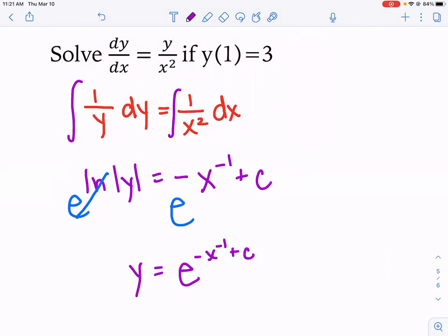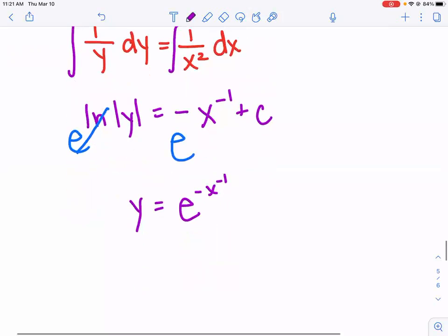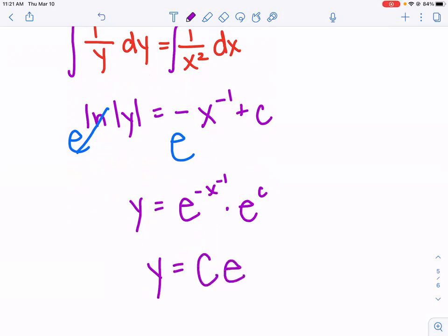No. Let's remember that if we're adding the exponents, we can rewrite it. So technically we have y equals c e to the, can I write it as negative 1 over x? I'm kind of tired of writing all those negative signs. So there is our general solution.